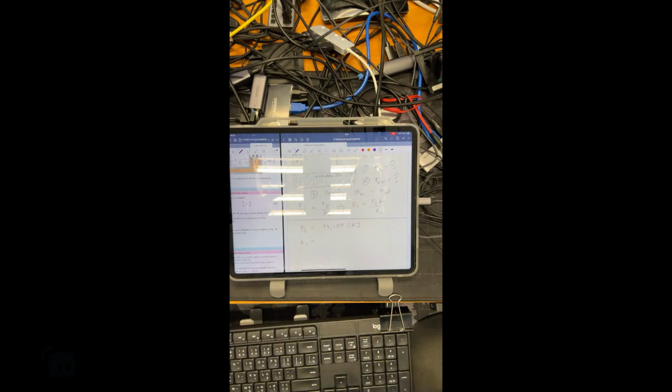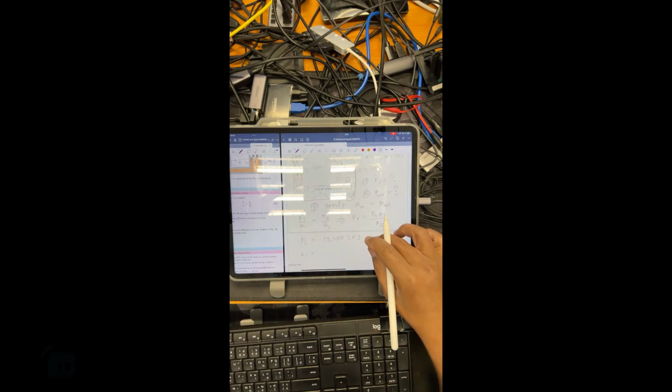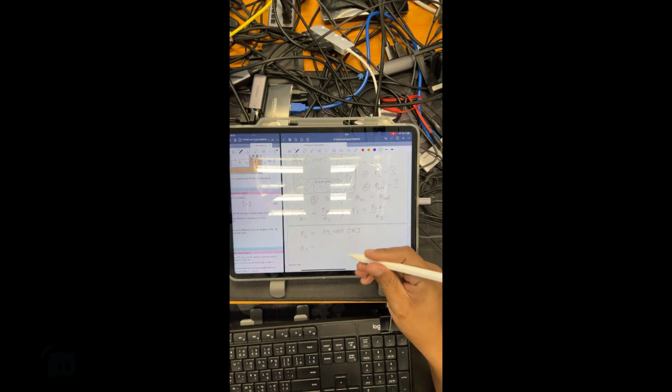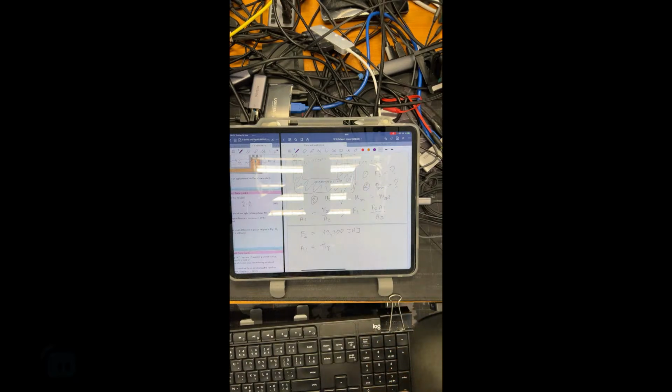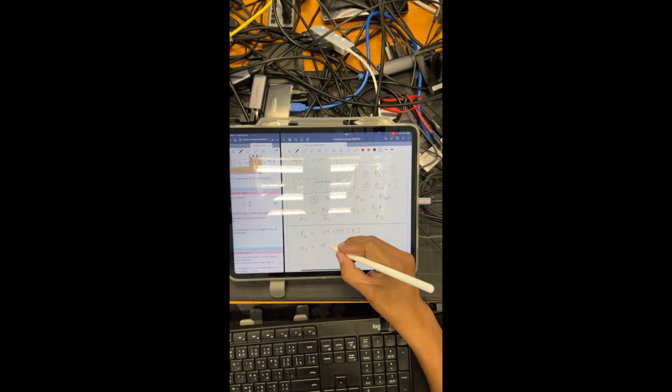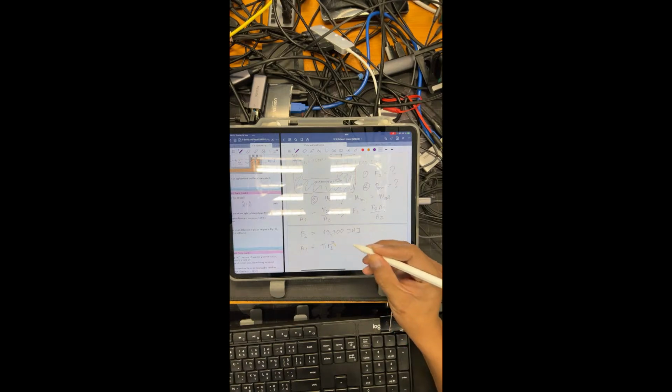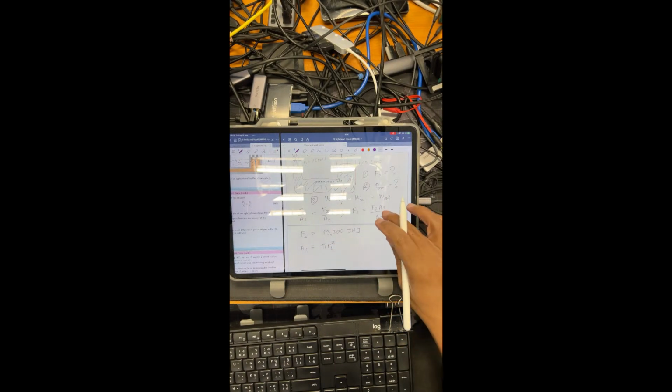And because this one is a circle, we need to use the area of a circle, pi r1 squared, and you know that r1 is 5 centimeter.